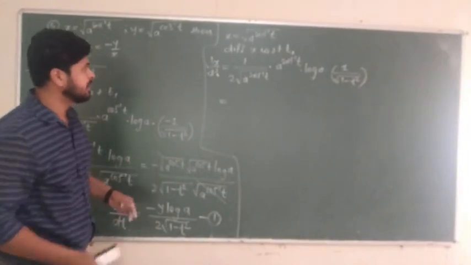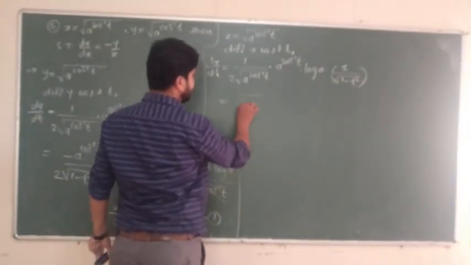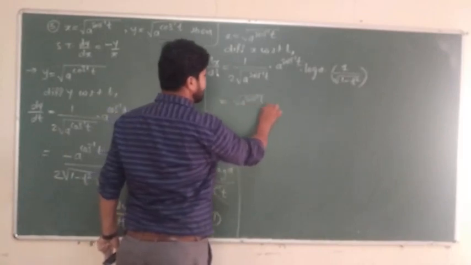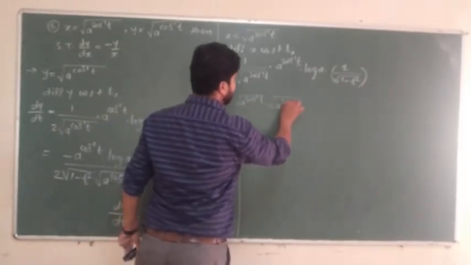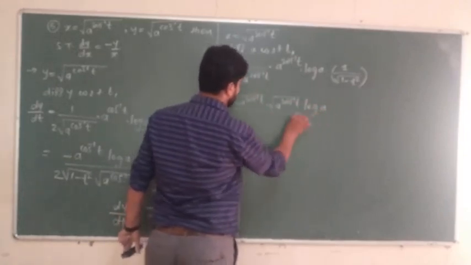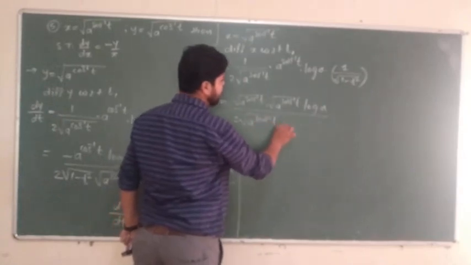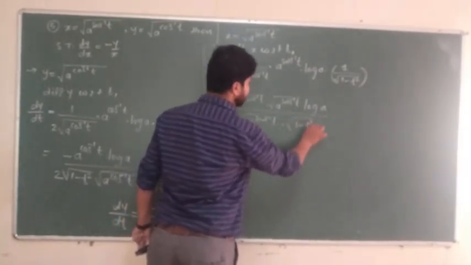If you simplify this again by the same rule, a raised to sine inverse t is written as root a raised to sine inverse t into root a raised to sine inverse t, into log a upon 2 times root a raised to sine inverse t into root 1 minus t square.